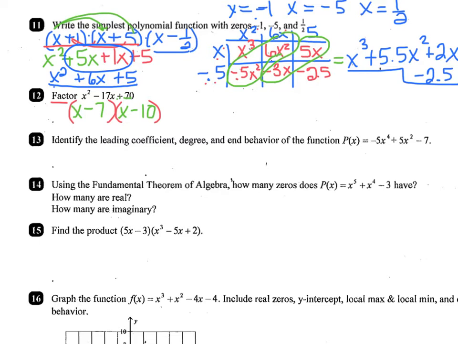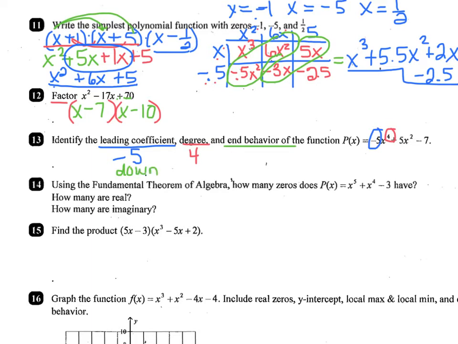On number 13, the leading coefficient, right here, is the very first number, so that's -5. The degree is the highest exponent, so the degree is 4. And the end behavior is which way the arrows point. So you're allowed to just draw two arrows. Since the leading coefficient's negative, it means the arrows will point down.